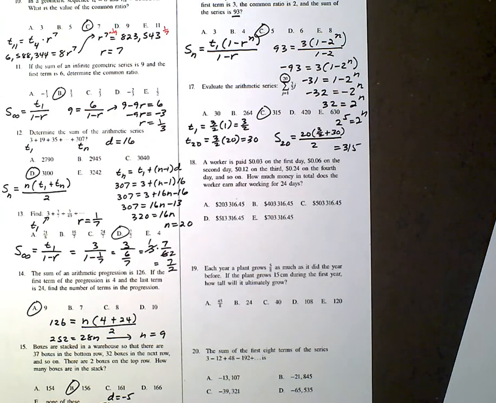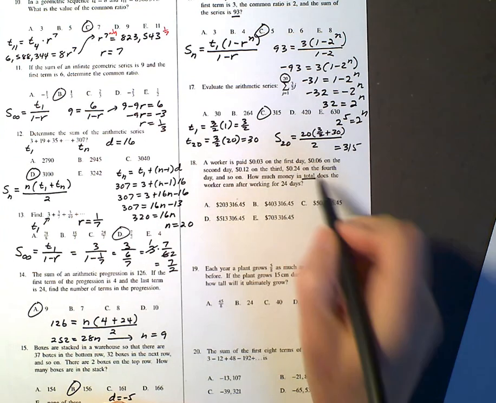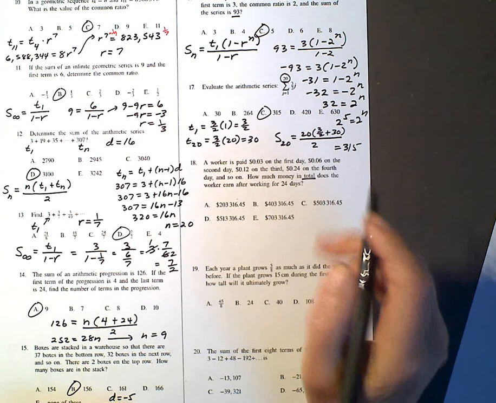Okay, number 18, we have a worker, and he's being paid 3 cents on the first day, then 6 cents, then 12 cents, and so on. So it appears that this is a geometric series where the amount of money he's making is doubling, and they want to know how much in total at the end of 24 days. So they're looking for the sum.